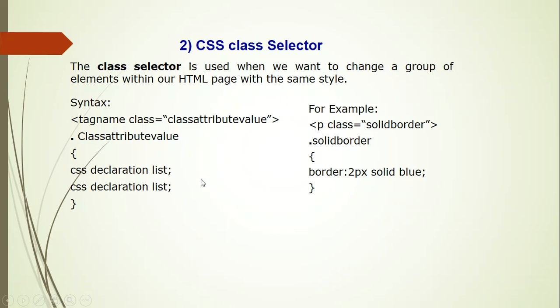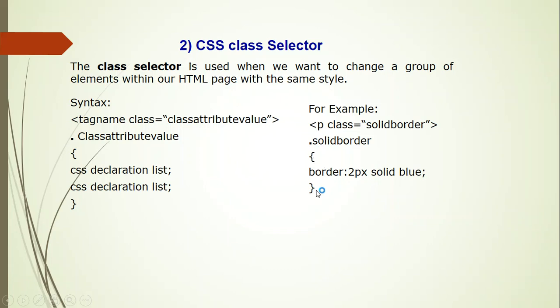I've put an example. For example, I have a p tag and I want to give it a border. So I've introduced in the p tag class as an attribute. It's not necessary that you write solid border, you can write anything. I've written the name as solid border. And I'm calling it, in internal or external CSS, using a period.